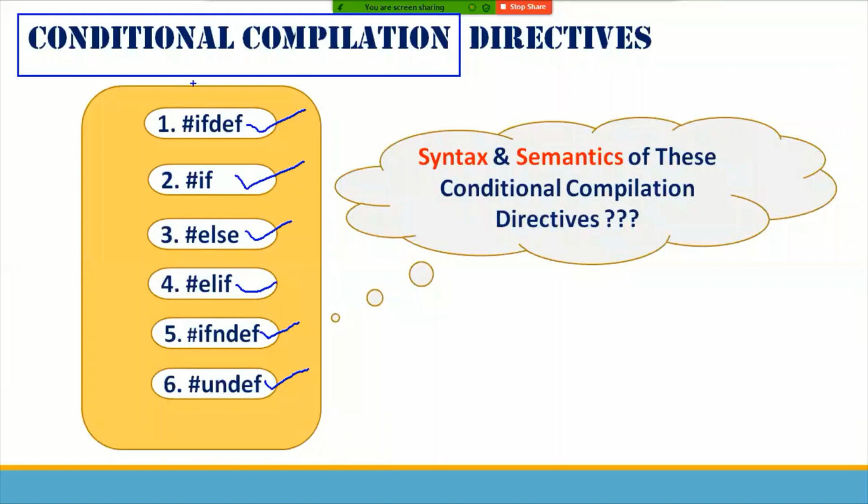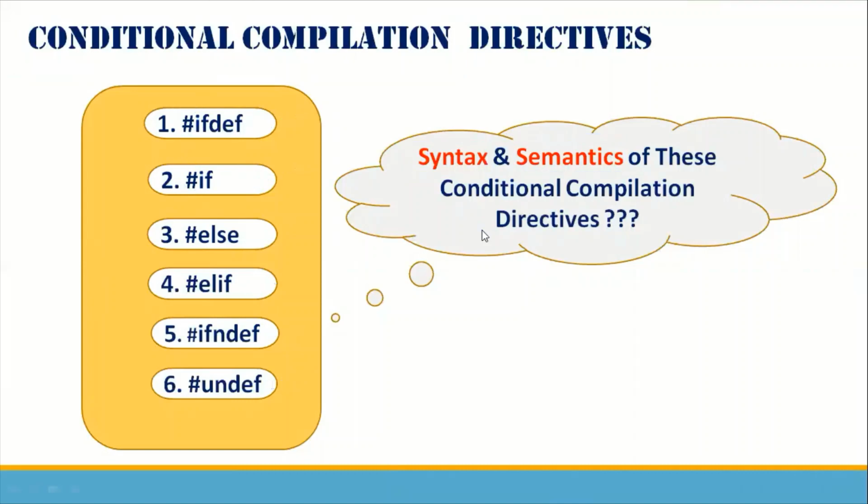These are all similar to control statements, only all these statements need to be preceded with a special symbol called hash, and these are all conditional compilation directives. The syntax and semantics of these directives we will see in the next slide.